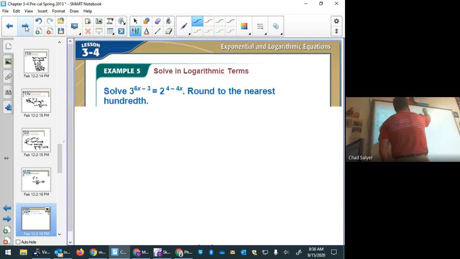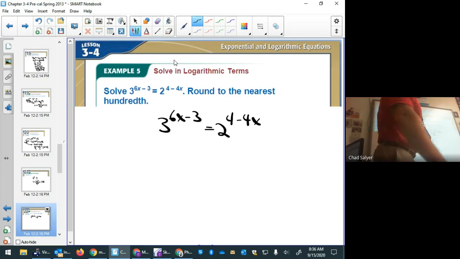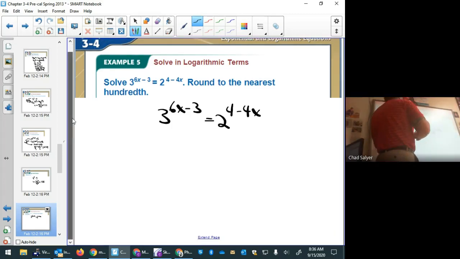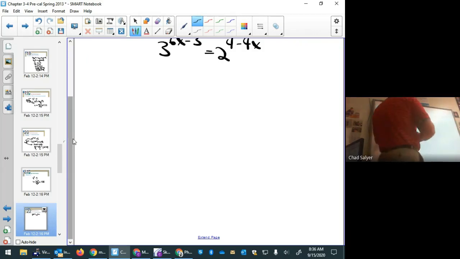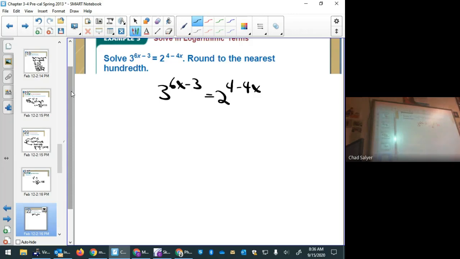Look at a more challenging one here because we've got multiple bases. What happens when you've got more than one kind of base? What kind of logarithm do I use now? I could use 3 or I could use 2, but when you have more than one exponential base and no single logarithmic base will solve it in one step, it's advantageous to use either the common log or the natural log.